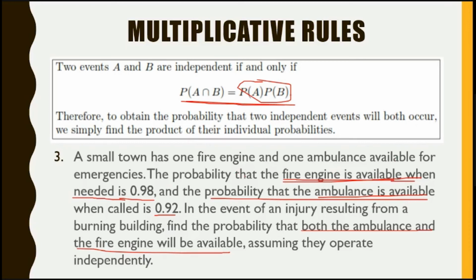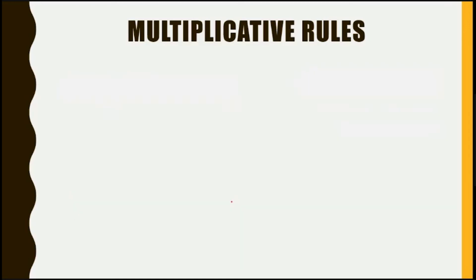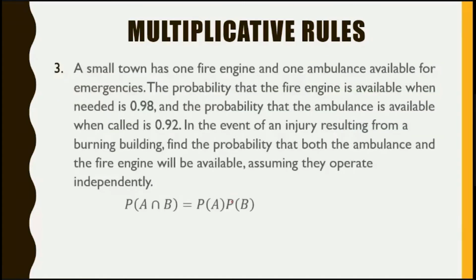So these two are independent events. And how do we solve this? Recall our definition earlier that the probability of the intersection of two independent events is just equal to the product of their probabilities.